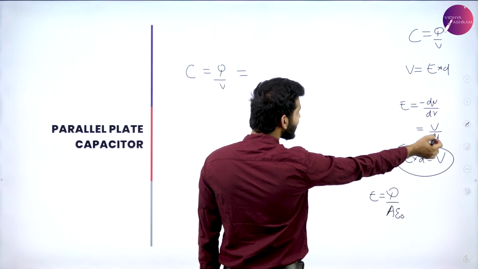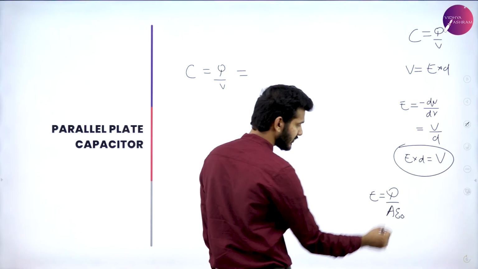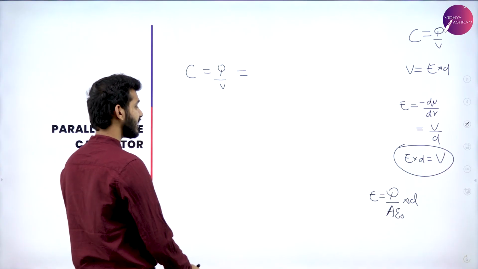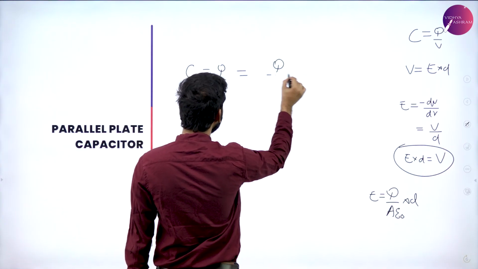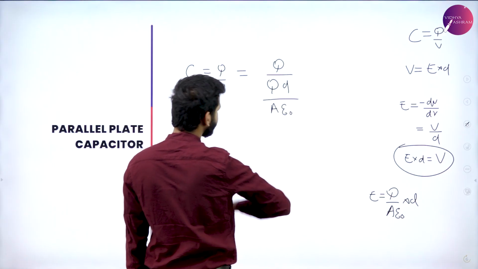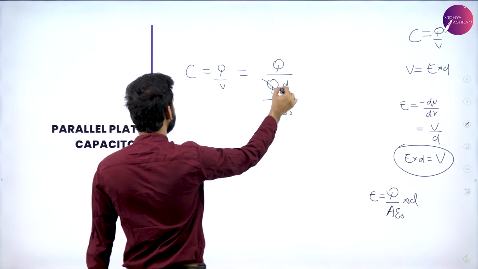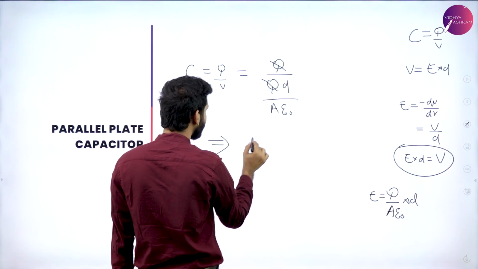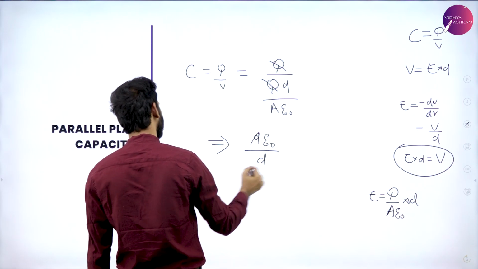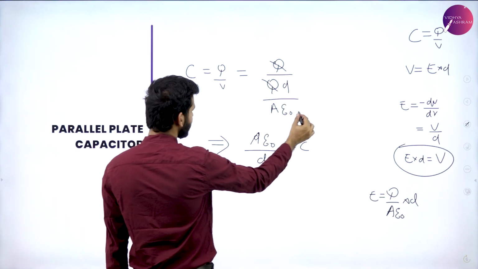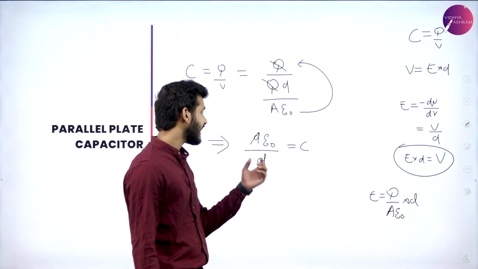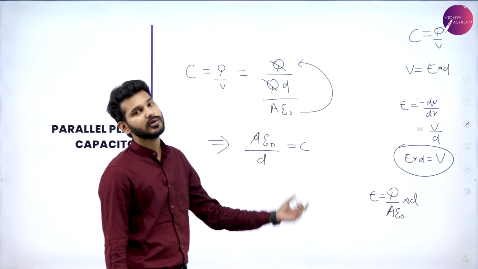And now we know that E into d is equal to V. So we just multiply with a d and we get Q by Qd divided by A epsilon naught, and then these two Q cancel each other out, and finally we are left with A epsilon naught divided by d, that is equal to capacitance, because A epsilon naught will go to the numerator and d will be in the denominator. So we can write A epsilon naught divided by d is equal to capacitance.